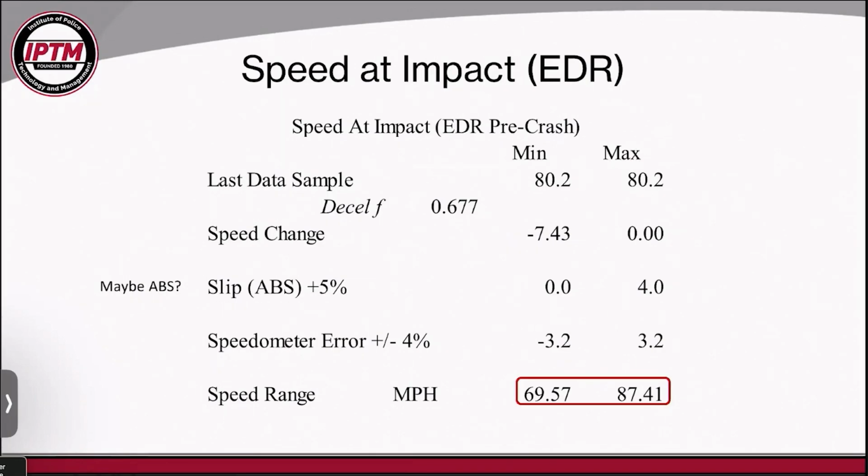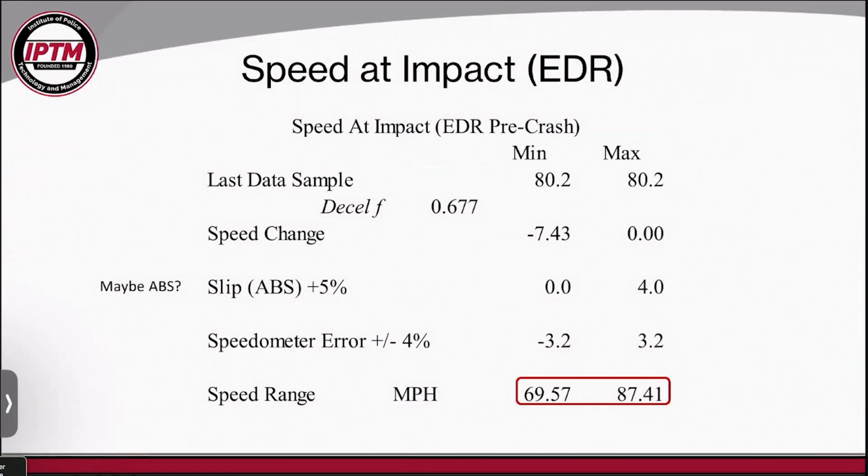Now, when we look at slip, specifically what that's referring to is whether or not ABS was engaged. When we look at this particular report, there might be some that say, yeah, ABS was engaged. Another reconstructionist may say, no, I don't think it was. So I said, okay, let's take a look at both scenarios. We're able to do that by what column we put things into, because in this particular case, it would be plus 5% for both columns.